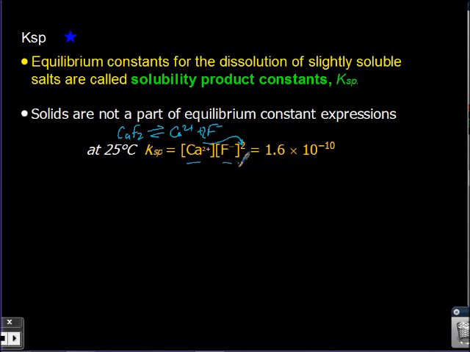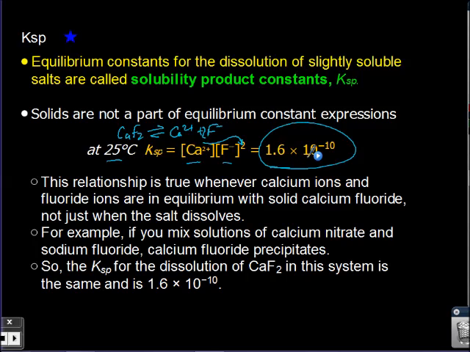And if this was measured at 25 degrees Celsius, it would be 1.6 times 10 to the negative 10th. That's a very low number. So this is why it's considered an insoluble salt, because it is such a low number, but there is a slight solubility to it. And this is true whether I take some CaF2 and just dump it in water, or if I have it in a solution that already has calcium from something else in there.